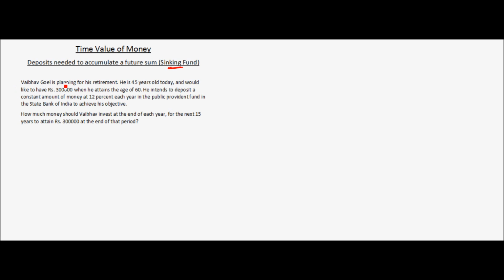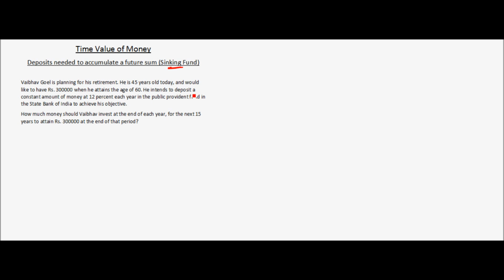Vaibhav Goel is planning for his retirement. He is 45 years old today and would like to have rupees 300,000, or 3 lakhs, when he attains the age of 60.